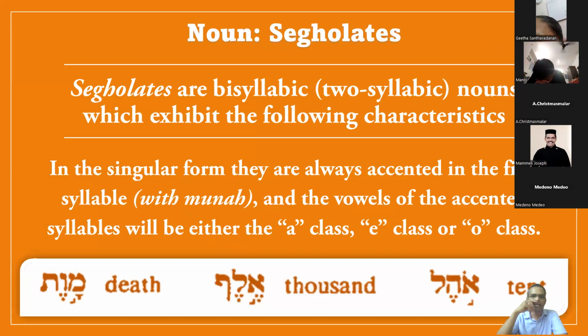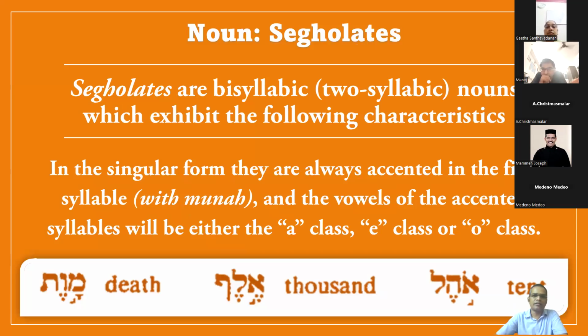Number one, segolates are basically bisyllabic nouns which exhibit the following characteristic features. In the singular form, they are always accented in the first syllable. When I say it will be accented, it will carry munna.